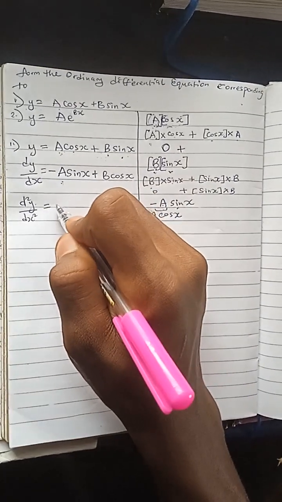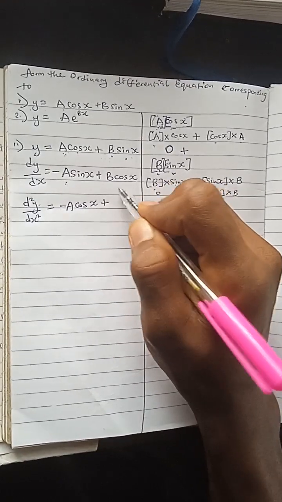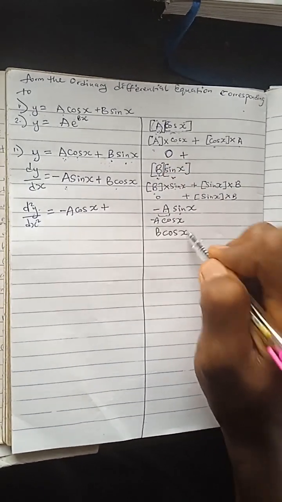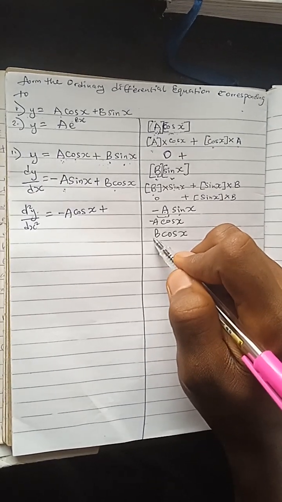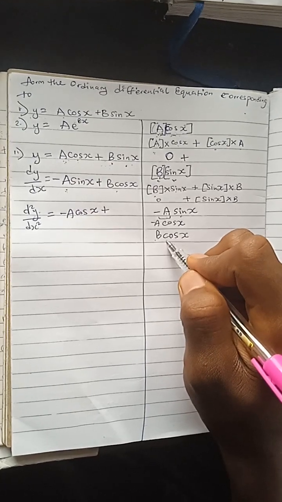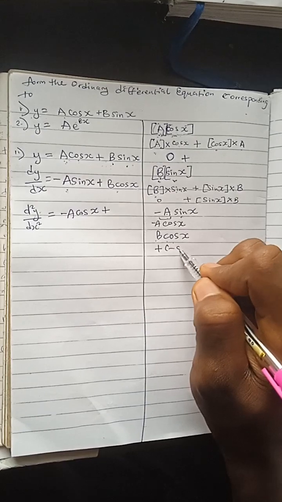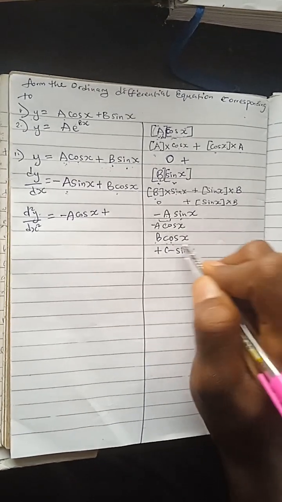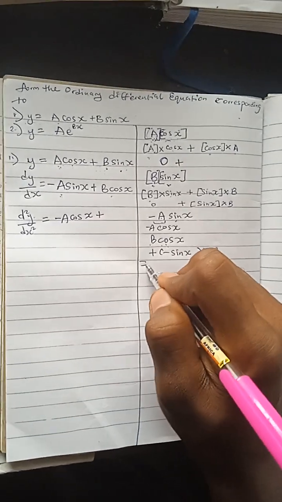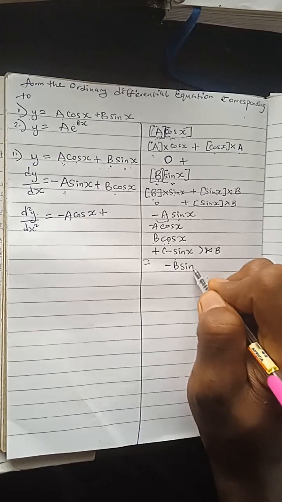So we come over here, minus a cos x, plus if you differentiate b cos x, b is a constant, so you have 0 multiplied by cos x, which still gives you 0, plus the differential of cos x, which is minus sine x, multiplied by b, giving minus b sine x.